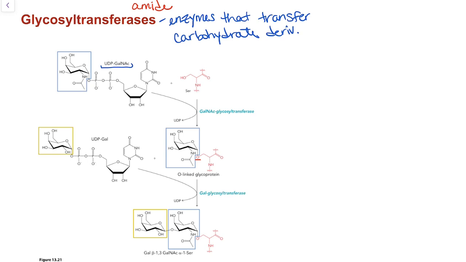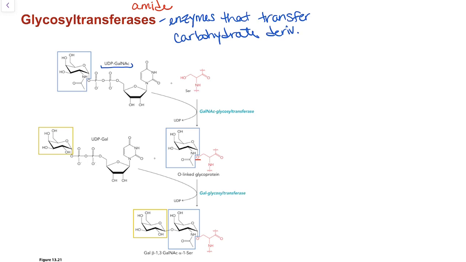The way that occurs is by these glycosyltransferases. The group of enzymes that also does the hydrolysis of these glycosyl groups also becomes important, although we don't talk about it too much, but keep in mind that there are enzymes that do this linkage and the transferring. There are also enzymes that will cleave off these different carbohydrates as they're formed.